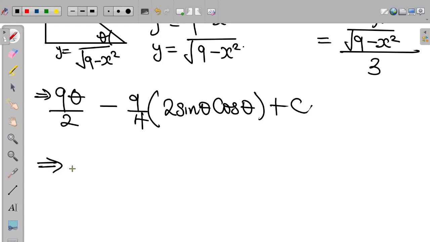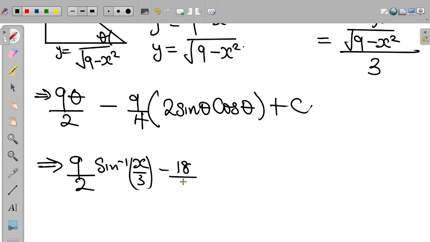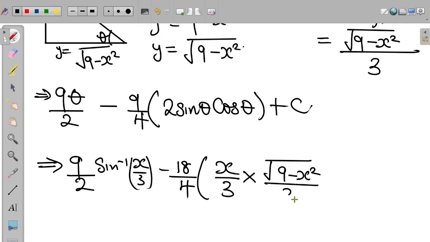So if we substitute, we have that 9 divided by 2, theta is giving us sine inverse of x divided by 3, minus 18 divided by 4. Open your bracket. Sine theta is giving us x divided by 3 times, also, cos theta is giving us root of 9 minus x squared, all divided by 3. We close the bracket, plus our constant of integration c.